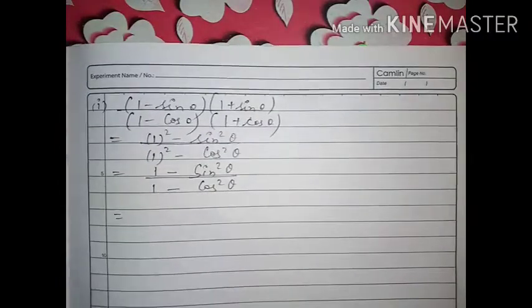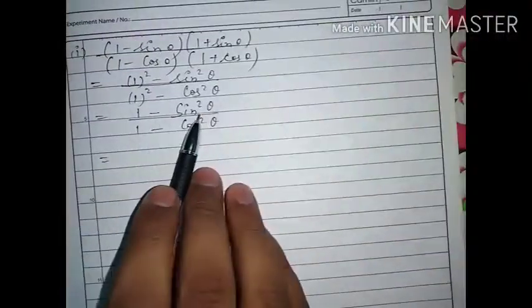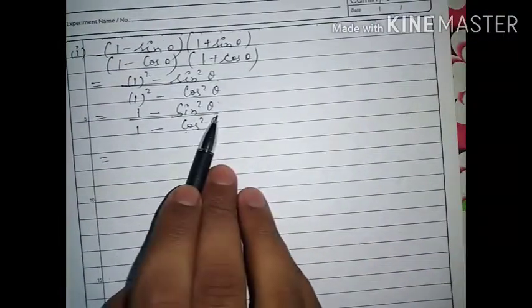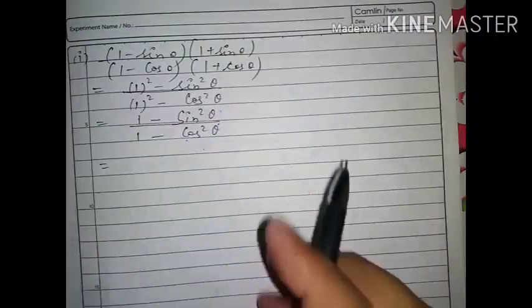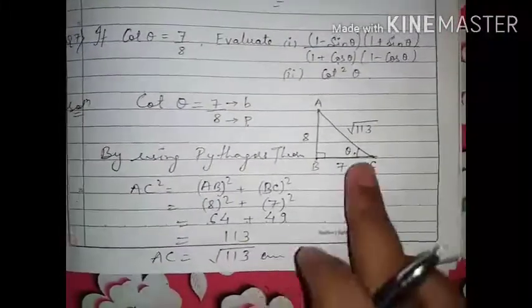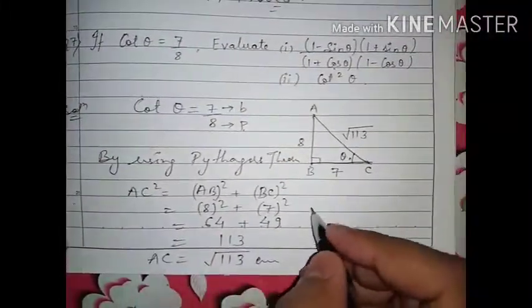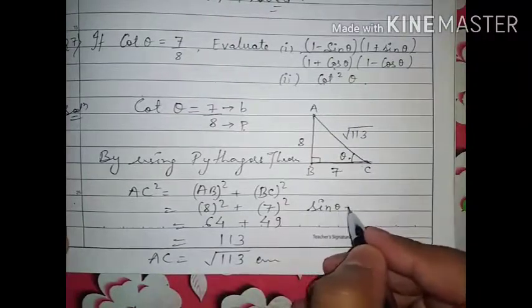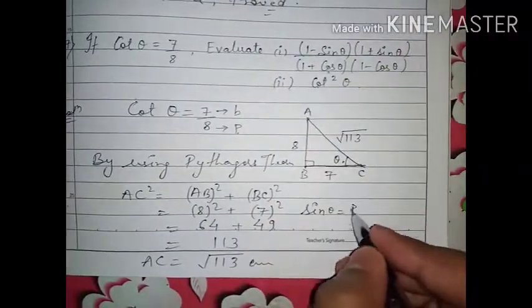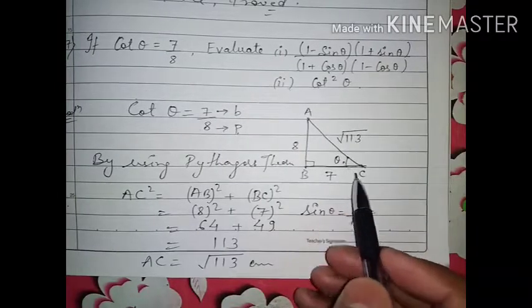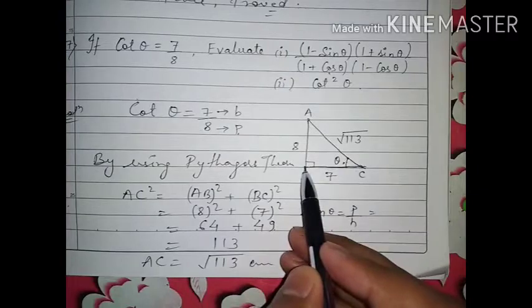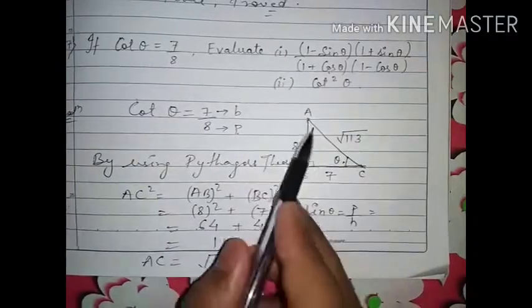Okay, so in this, what we have to find is sin theta and cos theta. After getting the value of sin theta and cos theta, we will put it here. So sin theta is how much? That is P by H. With respect to this angle theta, P is this 8 and H is this one, AC.